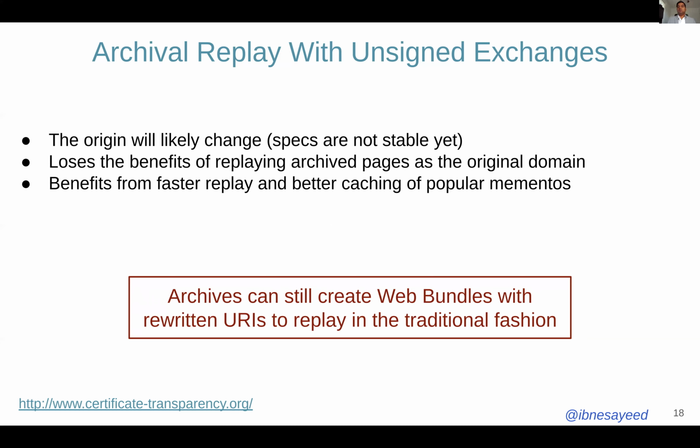They're trying to do some sort of isolation so that cookies and some other security features of the live site do not leak into a bundle and make it available to another origin or distributor, which means we'll lose the benefit of replaying archive pages as the original domain. So origin violation is something we will need to figure out how to handle.